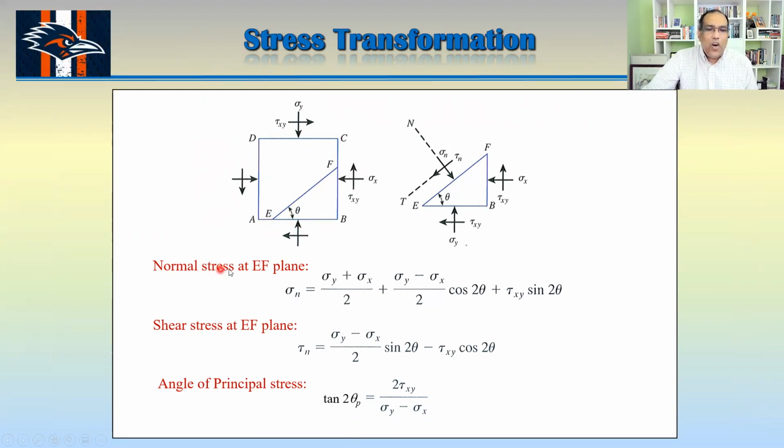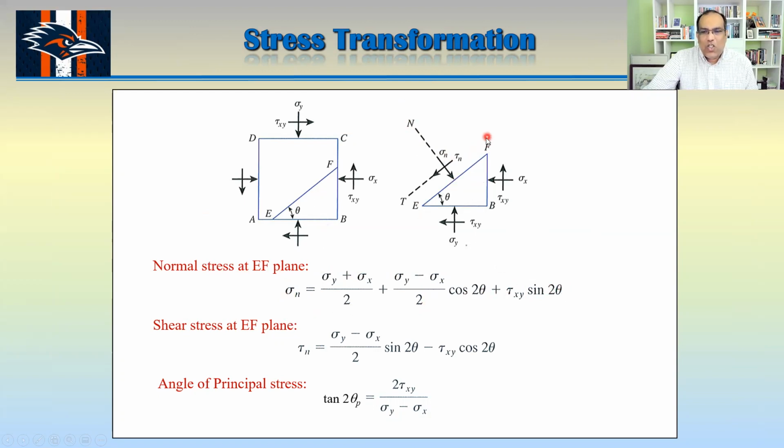Then your normal stress at that particular plane, normal to that surface here, is sigma y plus sigma x by 2 plus sigma y minus sigma x divided by 2 cosine twice theta plus tau xy sine twice theta.